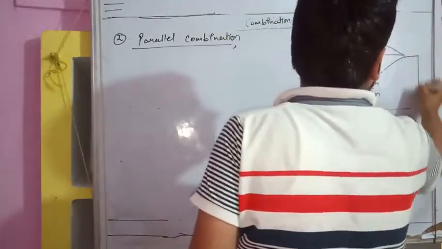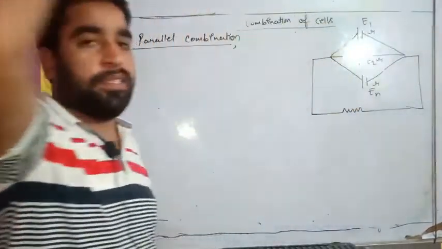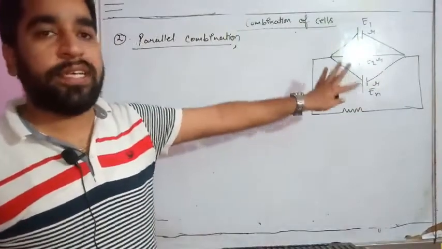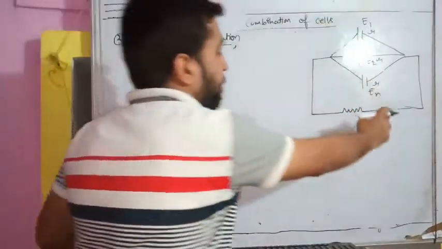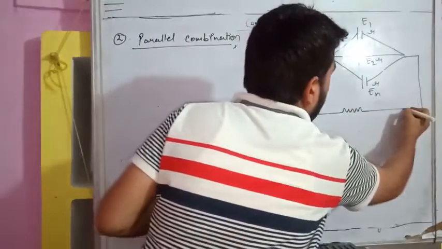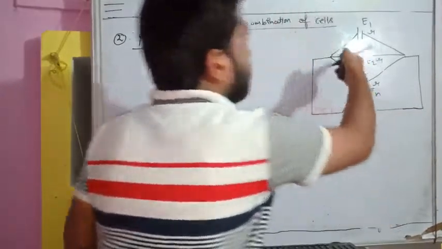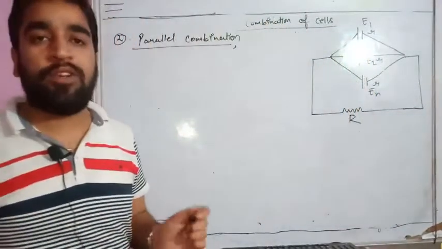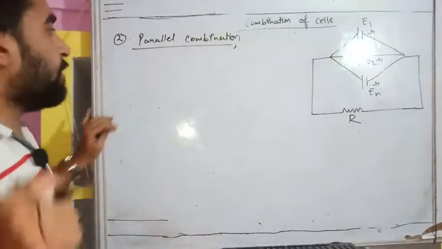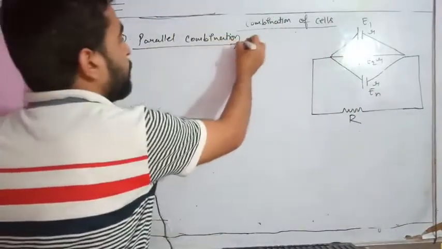As I am considering identical cells. I am assuming that all these cells are identical. That is why I am assuming the internal resistance of all the cells to be identical and similar. So let us write the language for this parallel combination.